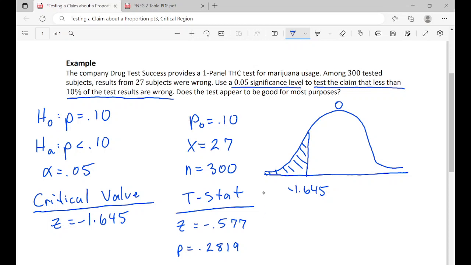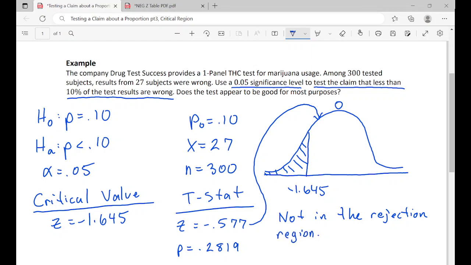Well, that's going to be somewhere over this area, to the right side of negative 1.645. So this is not in the rejection region. Since it is not, we fail to reject.